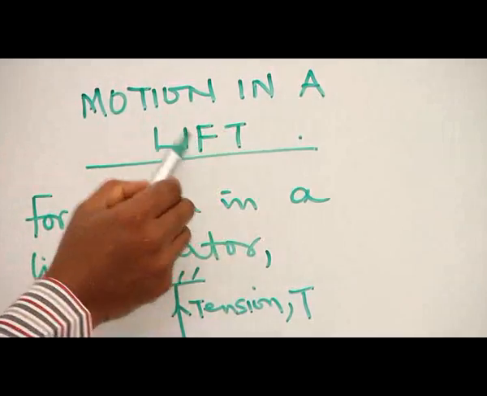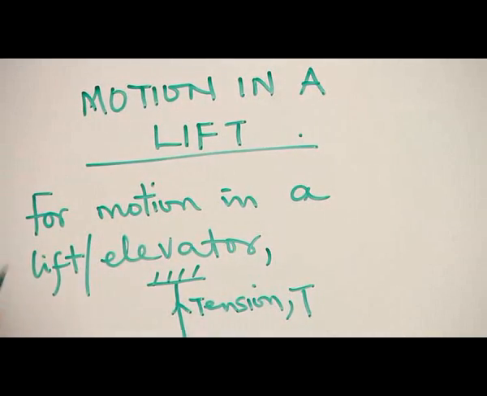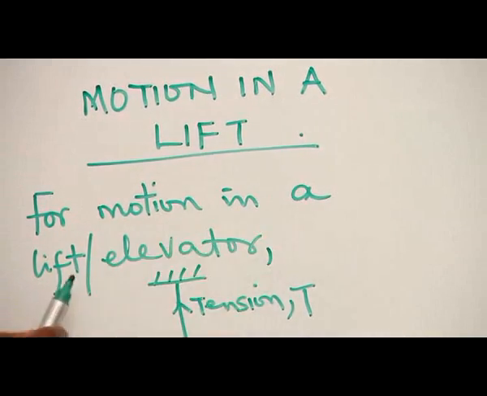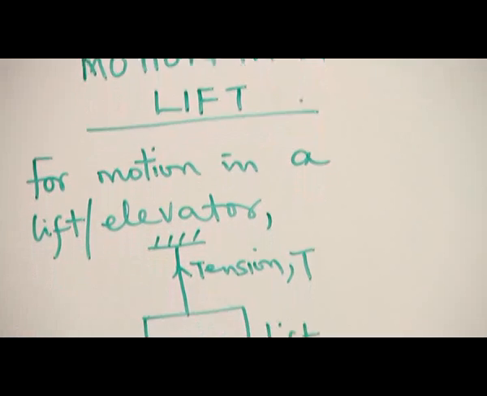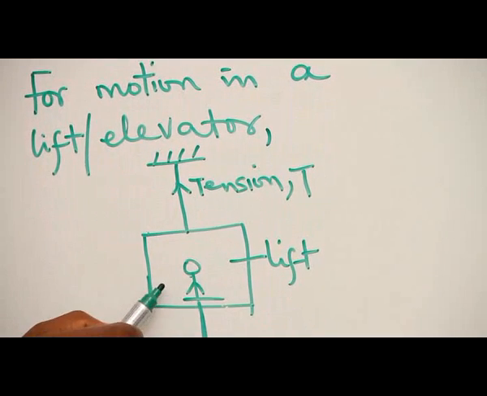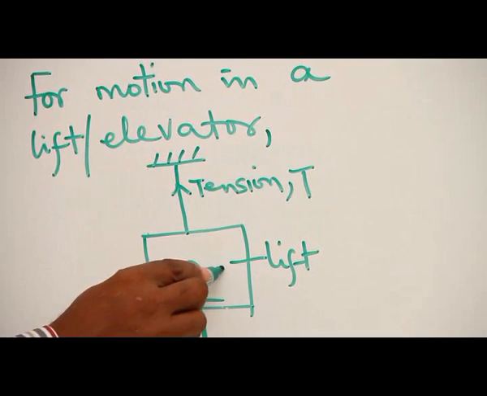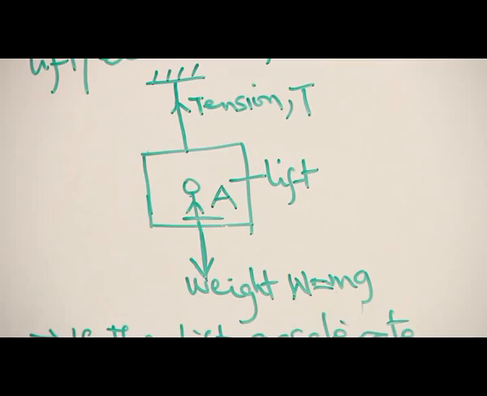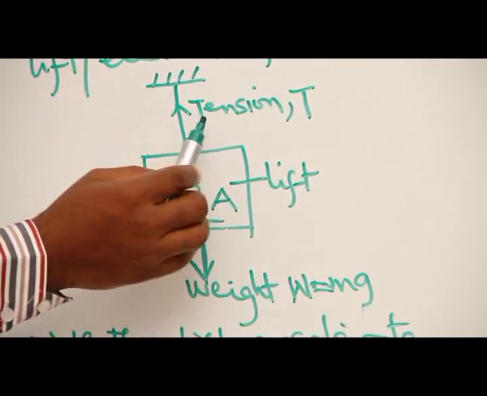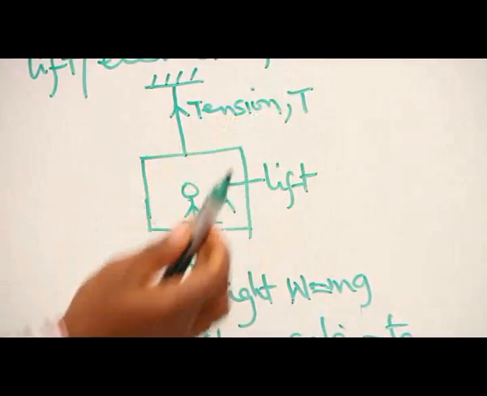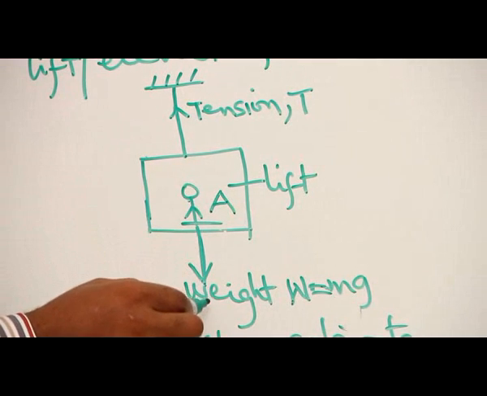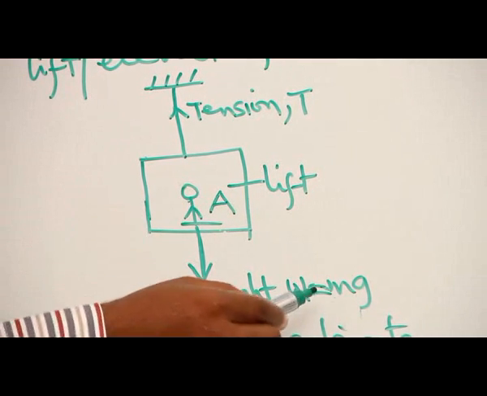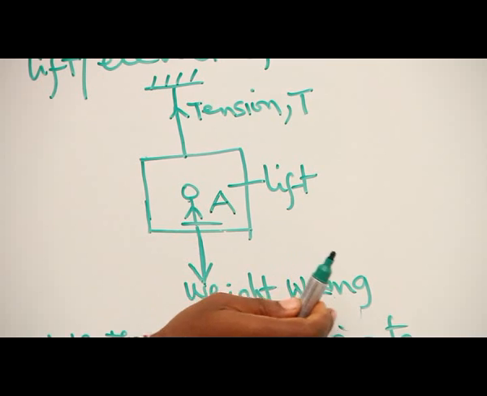Motion in a lift. For motion in a lift or elevator, let's work on the assumption that there is this person A inside the lift. The tension on the cable is represented by T, and the weight of the person inside is mg.